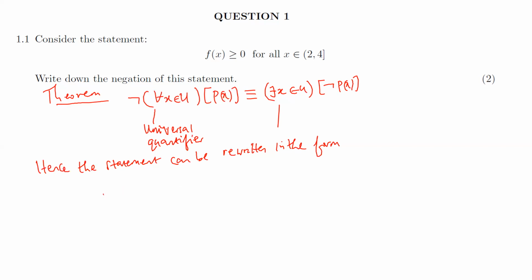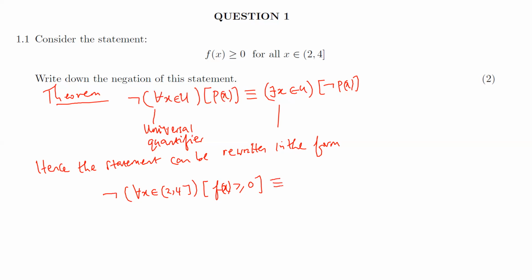We want to negate the statement that says for all x in the interval 2, 4, the statement P of x holds, f of x is greater or equal to 0.